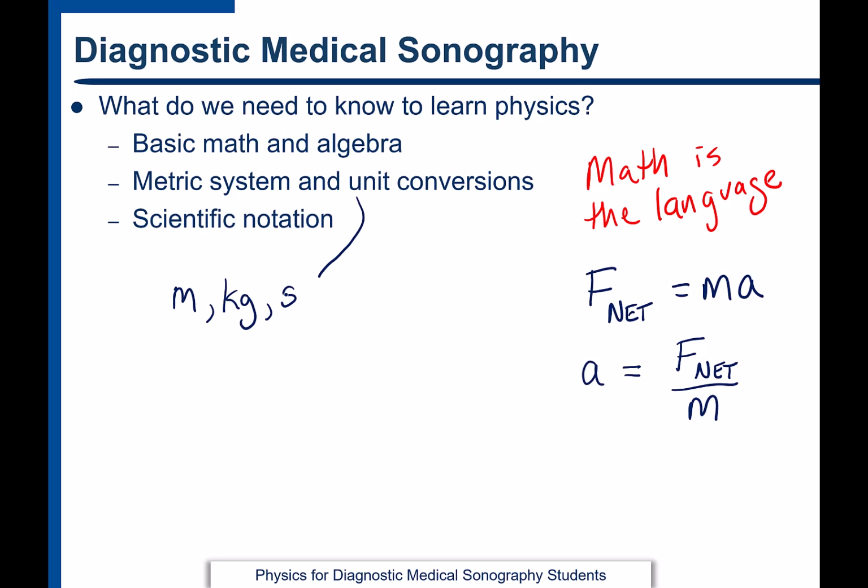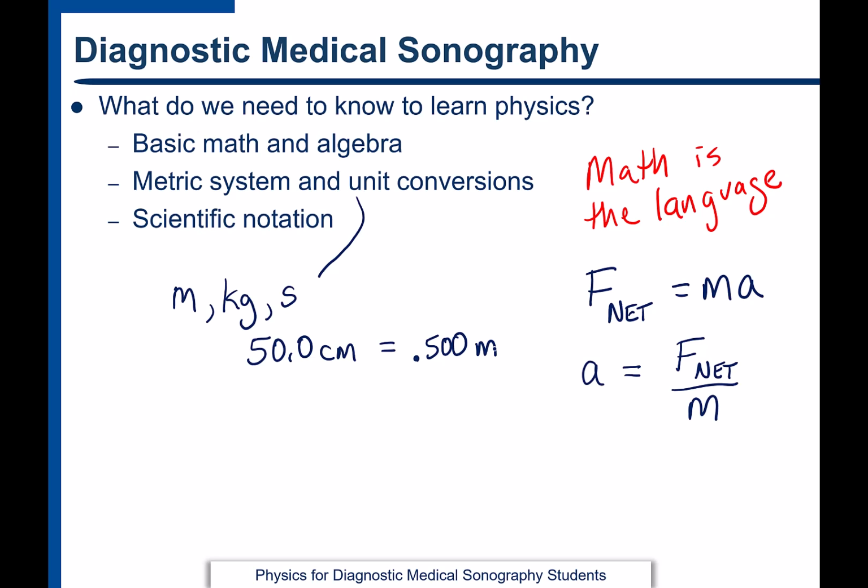And we also need to be comfortable with unit conversions. For example, if you're told that a length was measured to be 50.0 centimeters, we need to be able to convert that and say that is 0.500 meters. So unit conversions are important.